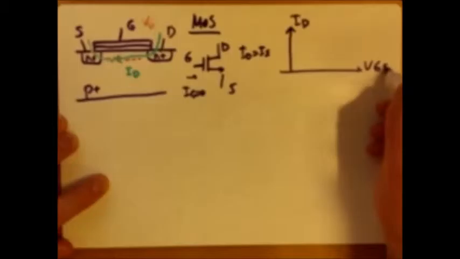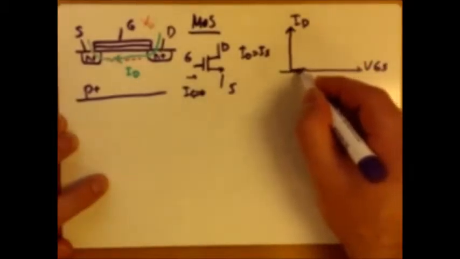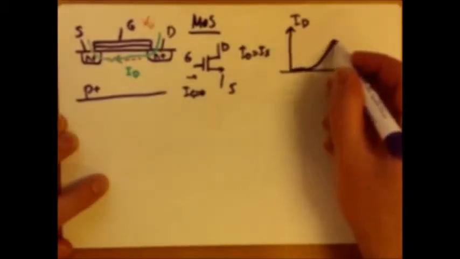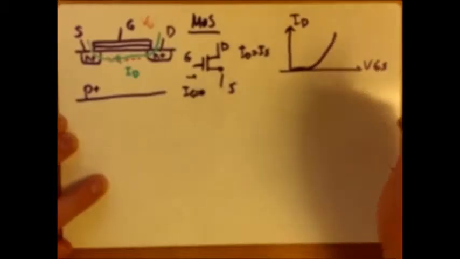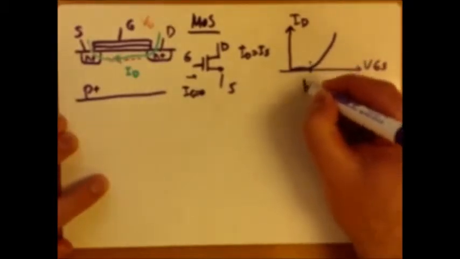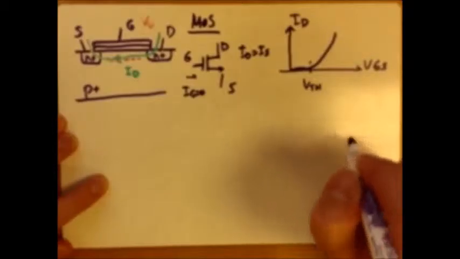If you increase your gate source voltage, first you wouldn't get any current, and then you suddenly start gaining current exponentially. And this part, we would call the threshold voltage.